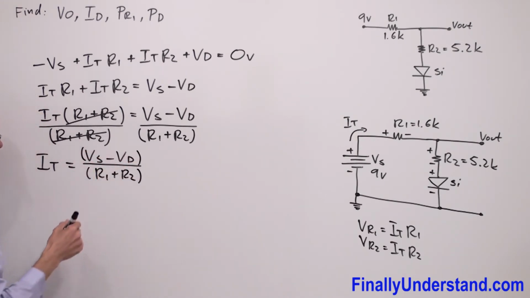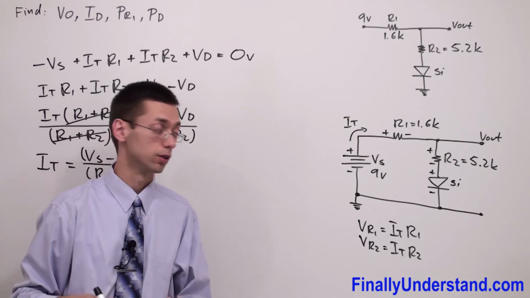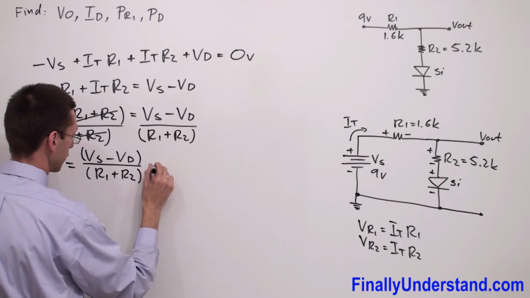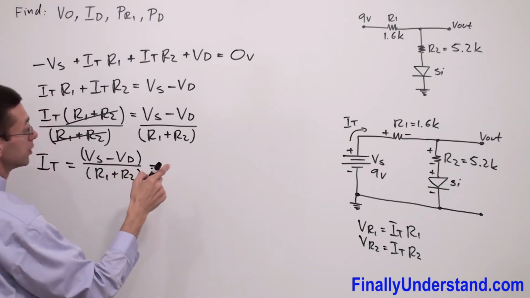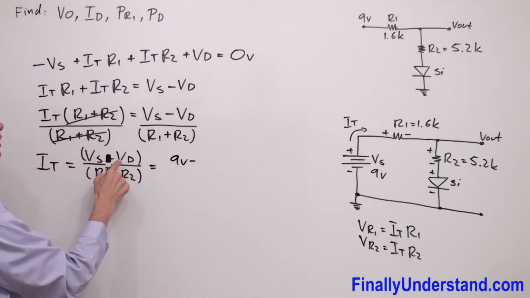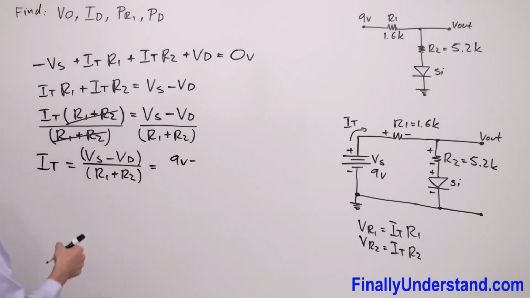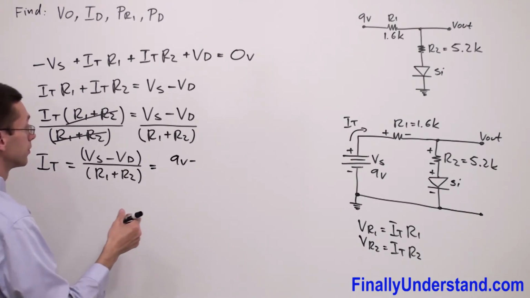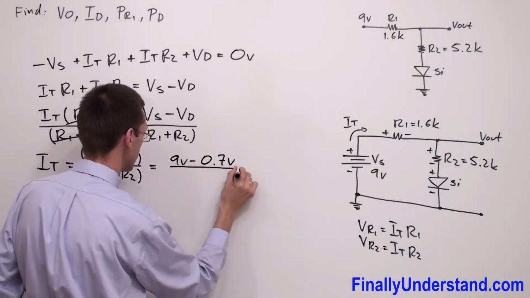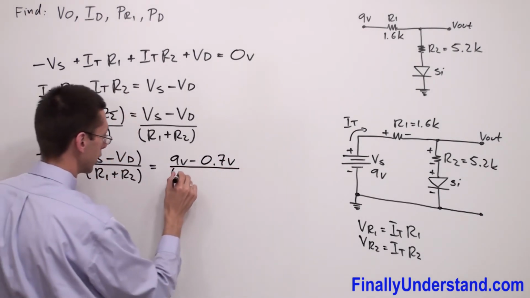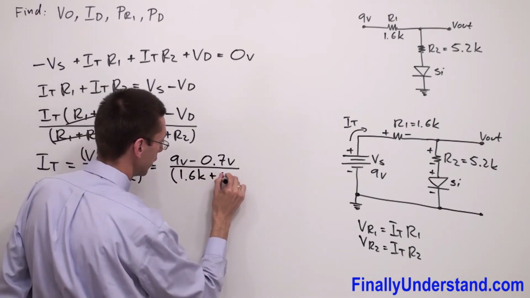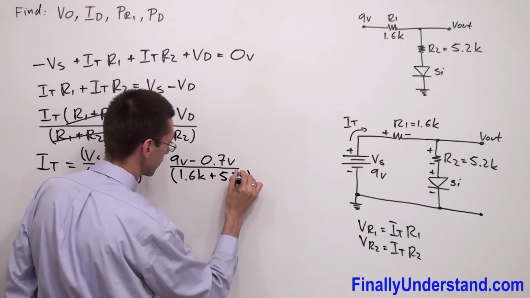Okay, I'm going to add the parentheses, just make sure that you enter all values correctly into the calculator. So I have voltage source is equal 9 volts minus VD, which is also called transition voltage, minus 0.7 for silicon diode, divided by R1, which is equal 1.6 kilo ohms, plus R2, which is equal 5.2 kilo ohms.